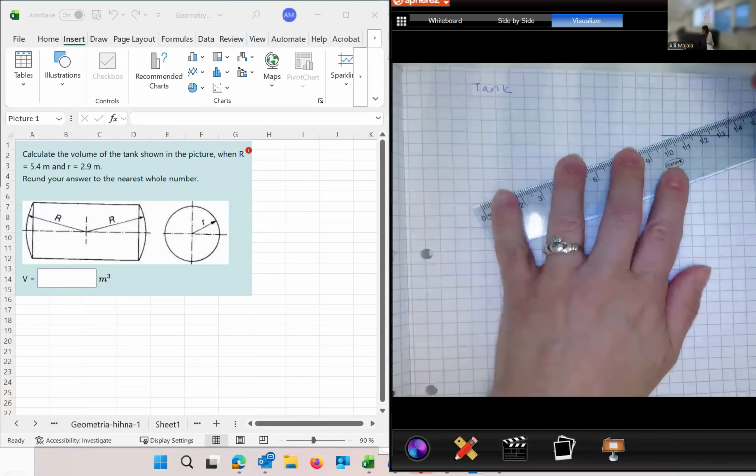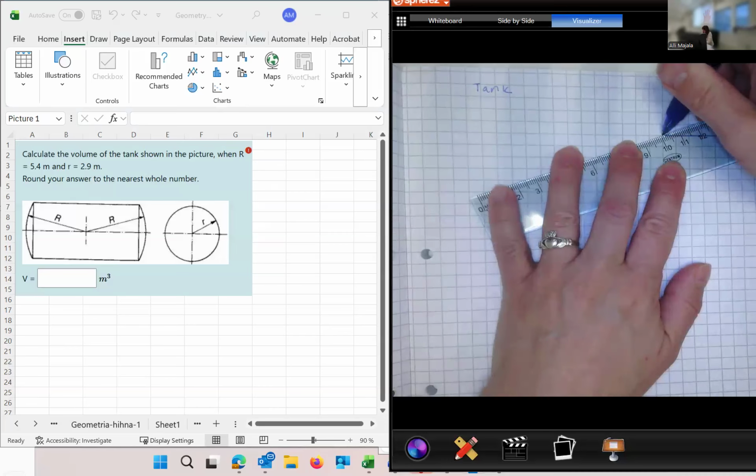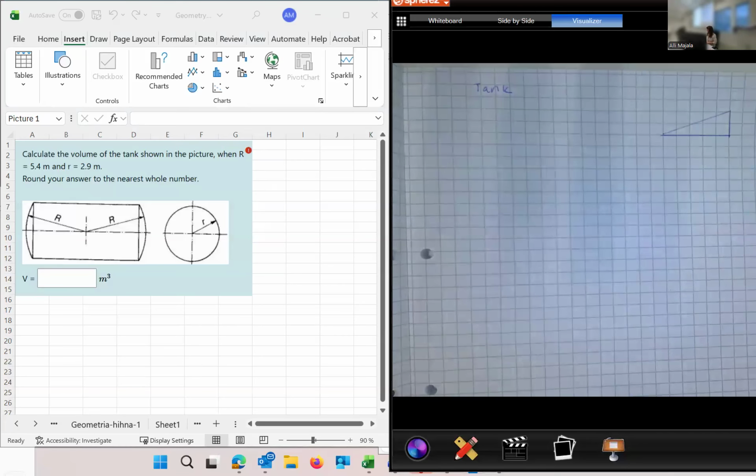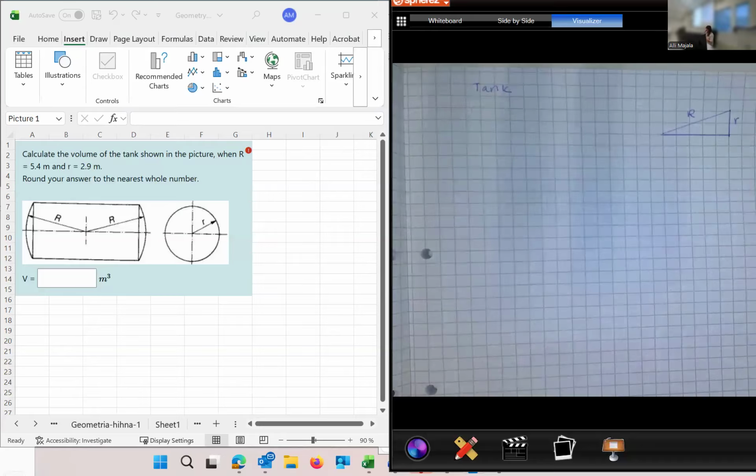Like, for example, as you see, this would be the big R, yeah? And this would be the small r. And then I would get the length until this part here. I could start with that, yes? So this length here, I get with this.